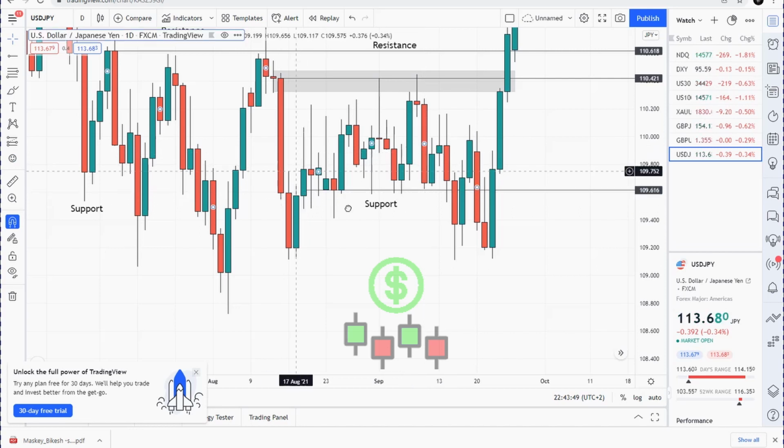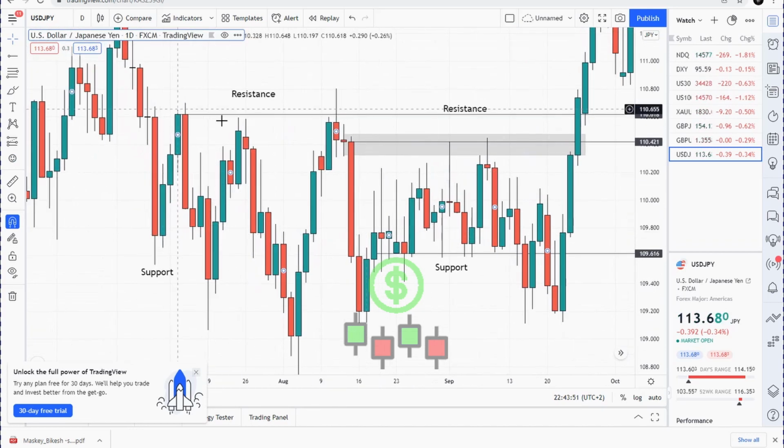So sometimes it might happen that price gets to resistance, and for the first time it comes it will respect. When it comes back for the second time, it breaks through for whatever reason. Sometimes it's because of the economic news, because fundamental analysis is based off the economic activities that are happening on that day.